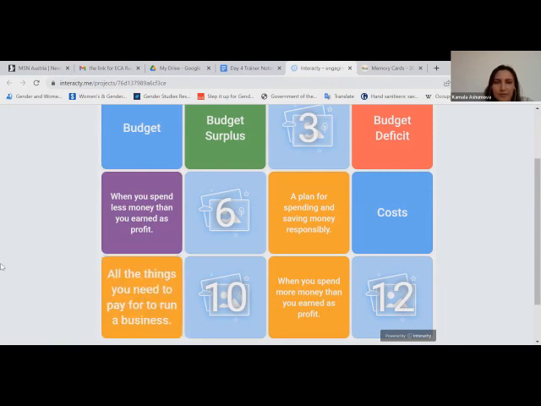I think that it's all the things you need to pay for to run a business. Yes, you got it. You can open one more pair. Okay. 6. The money to start a business.